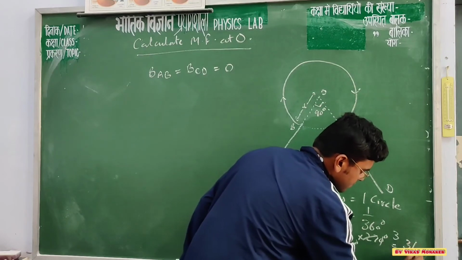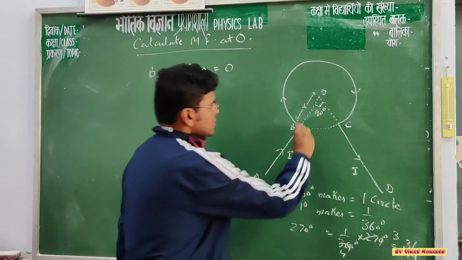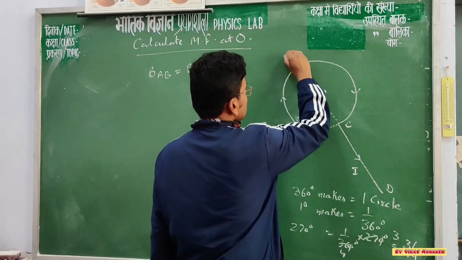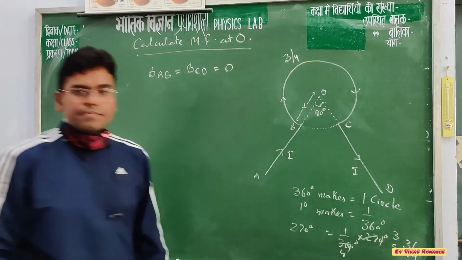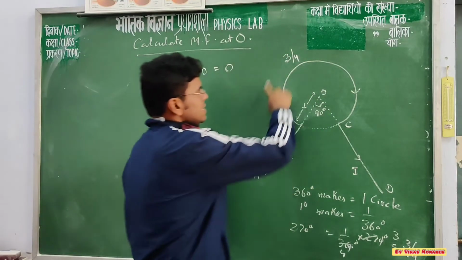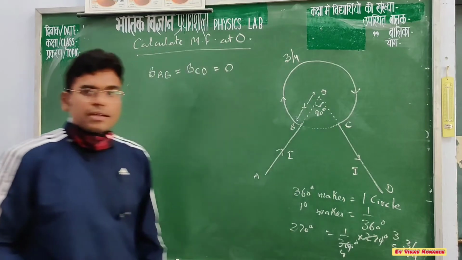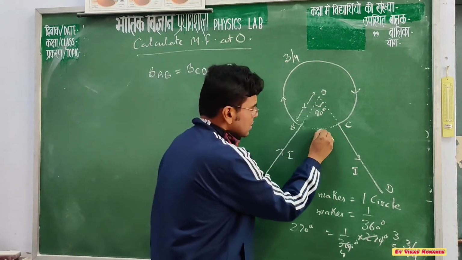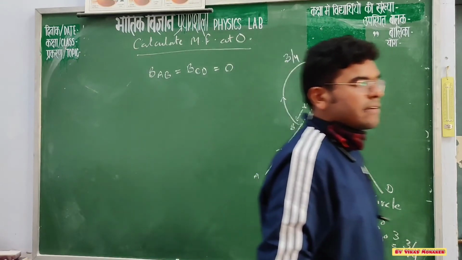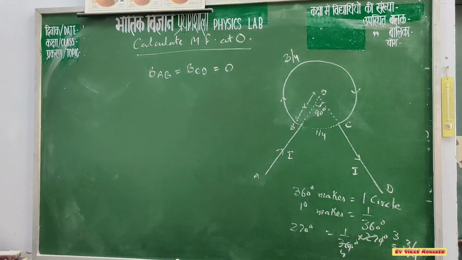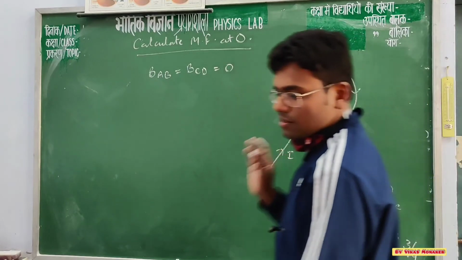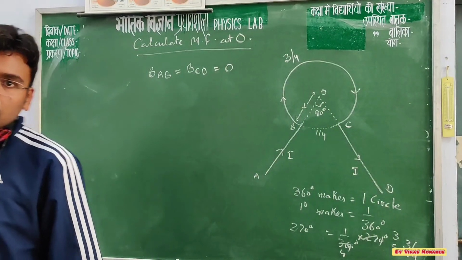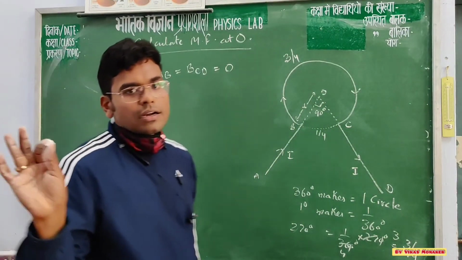So it is 3/4 of the circle. The complete circle is 1, then this is 3/4 of the circle, and this is the 1/4. Meaning thereby, from the given shape, only 3/4 of the circle is contributing. 1/4 of the circle is not contributing.